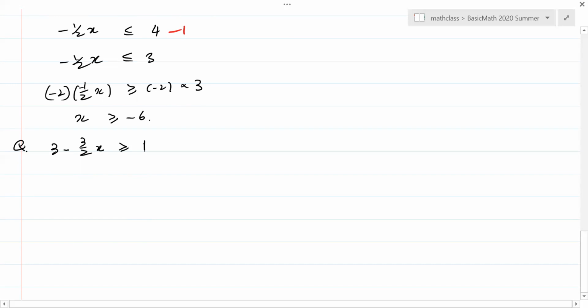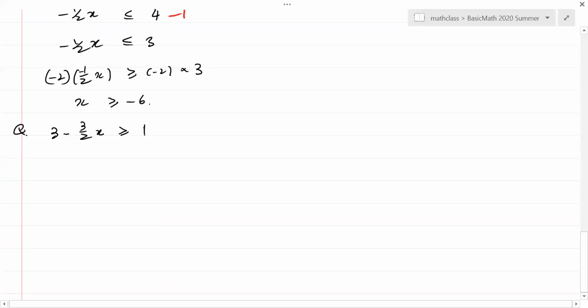Are you able to get the answer? Well, first thing you have to do is simplify the left-hand side. You can say just move the term 3 over to the right-hand side and change the sign. Actually, what you're doing is subtracting 3 from both sides. So you get -3 over 2x greater than or equal to -2.